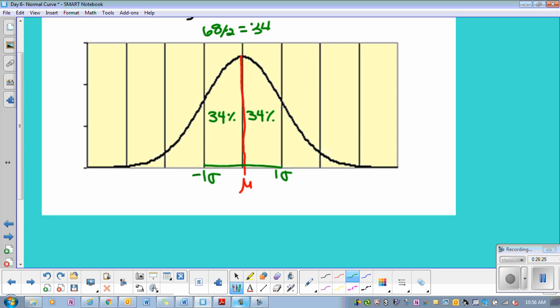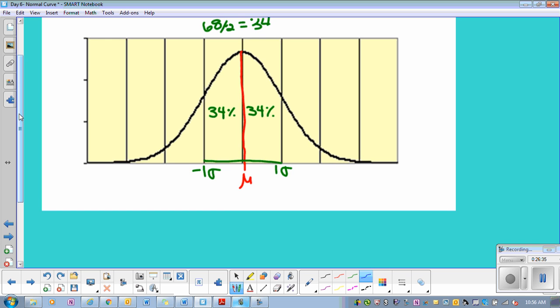So the next one you cut it into 4 pieces. No, you can make it even easier than that. Do you guys see where we got the 34? All right, so I'm going to show you this one too. 2 standard deviations below the mean and 2 standard deviations above the mean is 95%. So think about that. You have 95% for the 2.